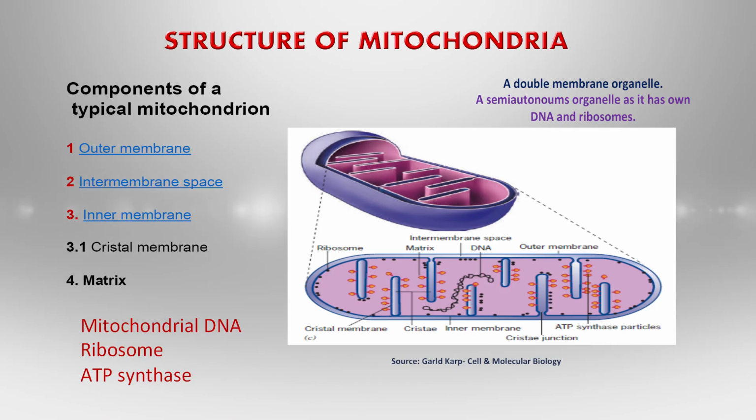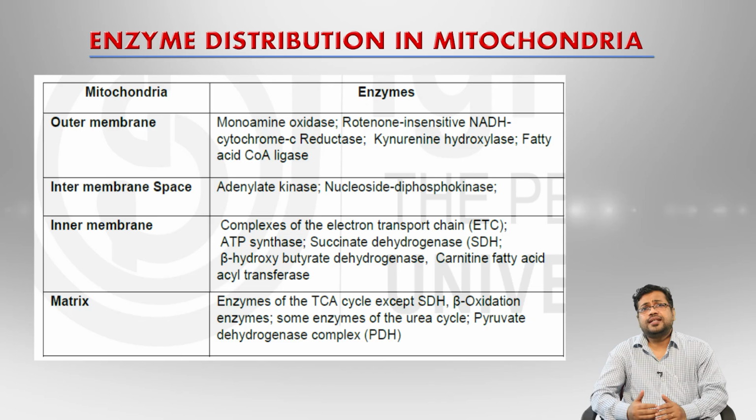So this is the structure of the mitochondria, and the mitochondria is mainly responsible for the Krebs cycle, which is called the citric acid cycle, through which the energy rich molecules NADH and FADH2 are generated and they go to the electron transport chain.